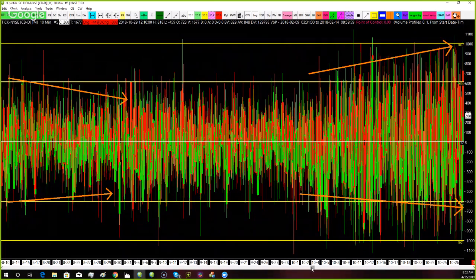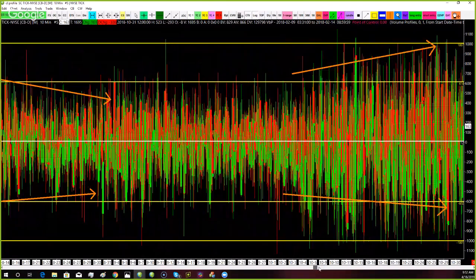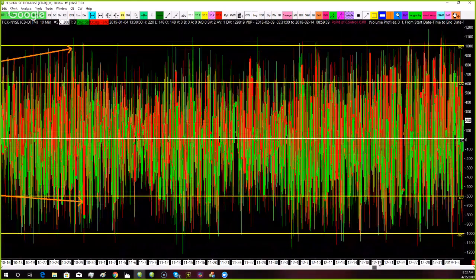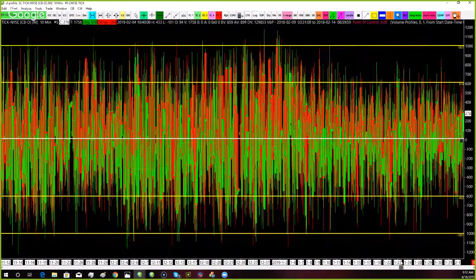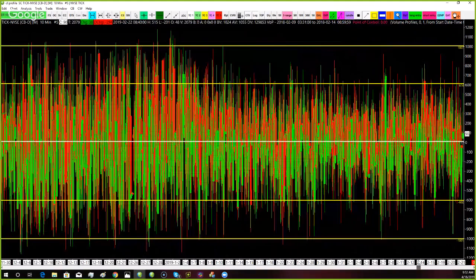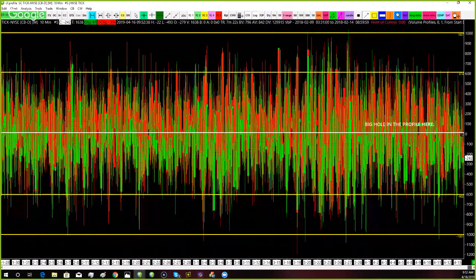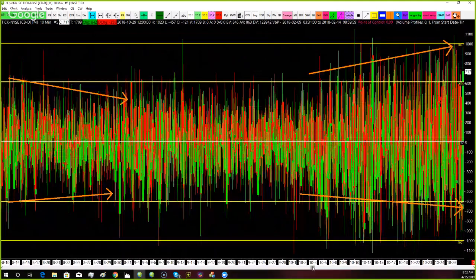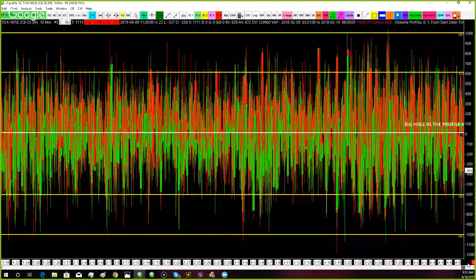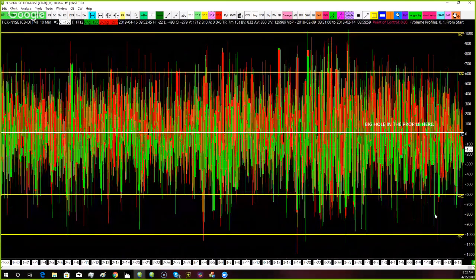Scoot over to October, November, December, right? Day trader's delight. January, we start to come in, right? March, we got a little bit bigger. And now what you'll notice is, as of right now, just barely any 1,000 ticks on the upside or on the downside, right? It's just tight right now.